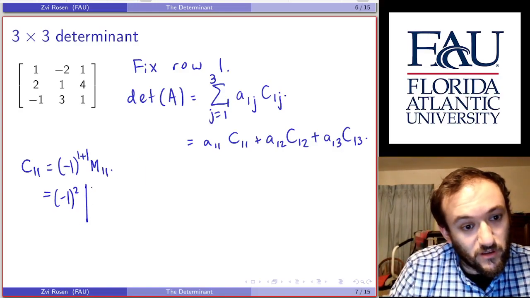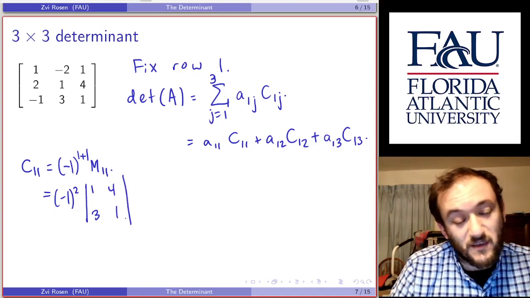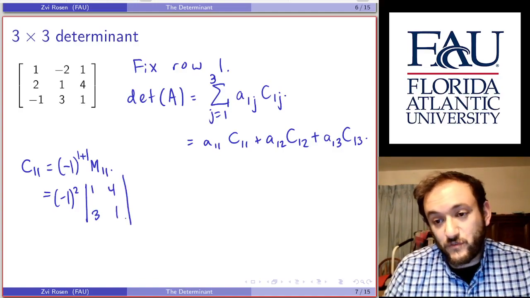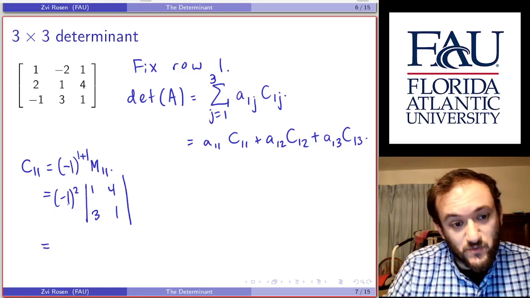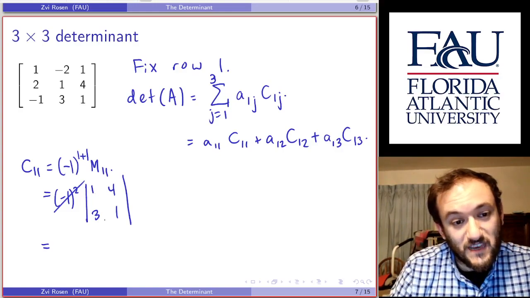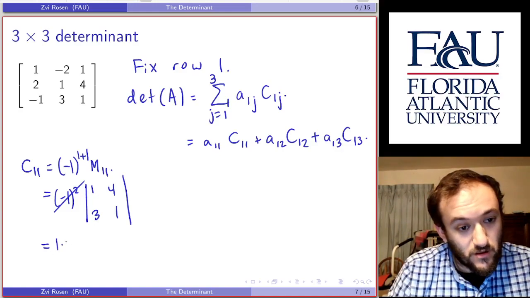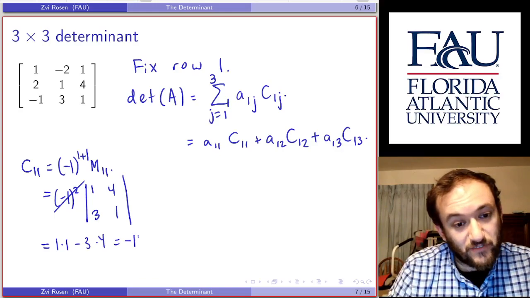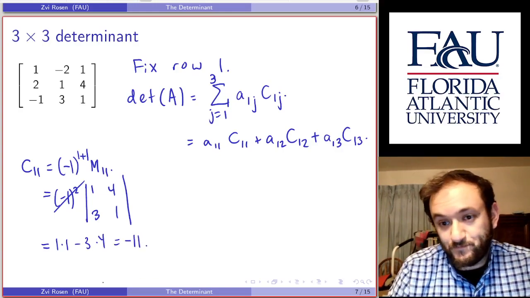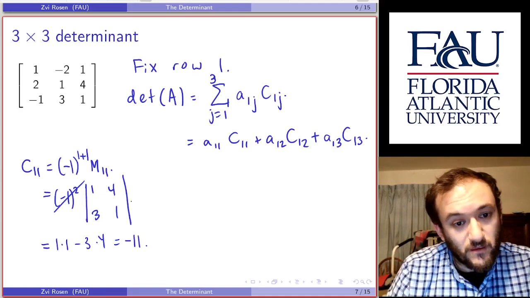So we would put 1, 4, 3, 1. This is the submatrix you get when you omit the first row and first column. The -1 squared becomes 1, so we can ignore it. And then we're left with 1 times 1 minus 3 times 4. And that is -11. So that's C11.